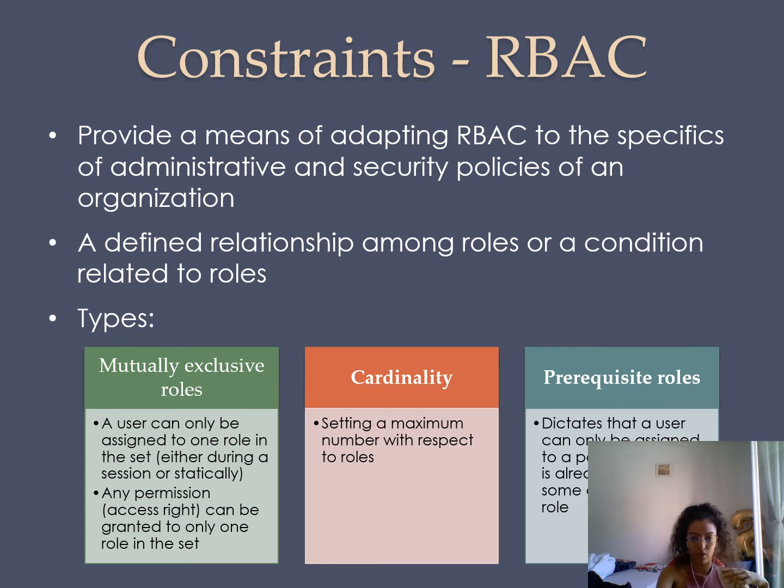We have the cardinality constraint, in which we set a maximum number with respect to roles. A system might also specify a prerequisite role, which dictates that a user can only be assigned to a particular role if it is already assigned to some other specified role. A prerequisite can be used to structure the implementation of the least privilege concept.